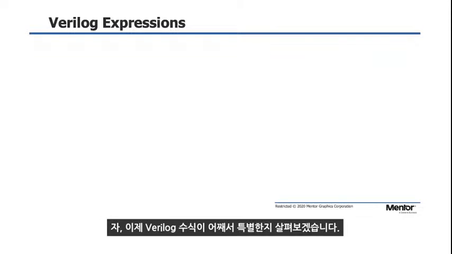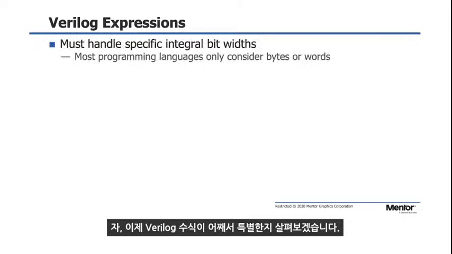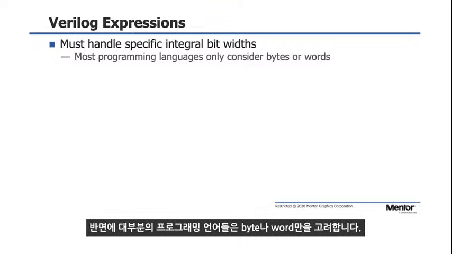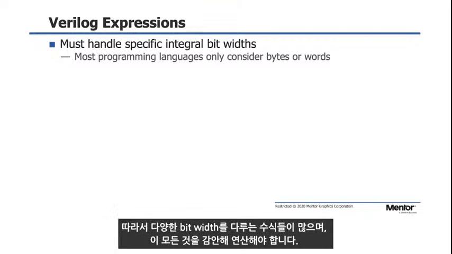So let's take a look at what's so special about a Verilog expression. I think the biggest part is that it must handle specific integral bit widths, whereas most programming languages consider only bytes or words. So you have lots of expressions dealing with different bit widths, and that all has to get reasoned into the operations.